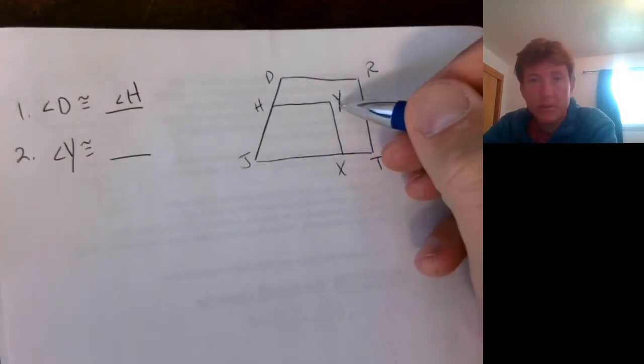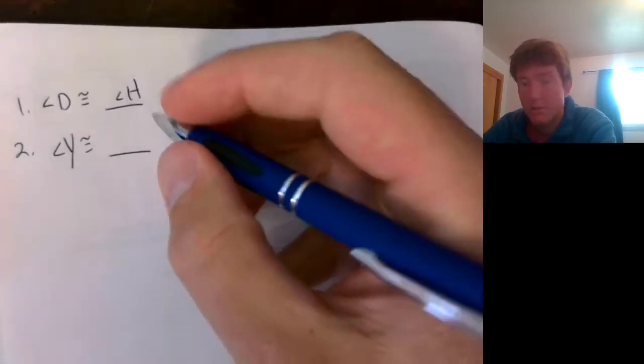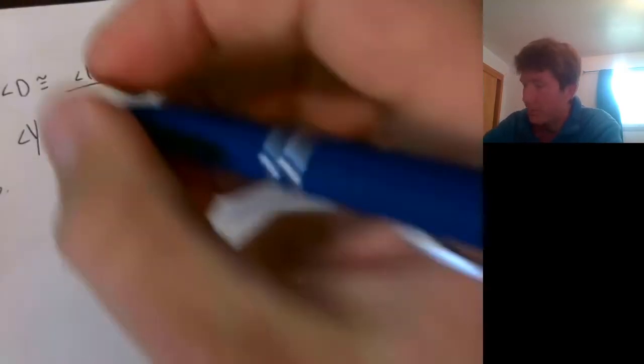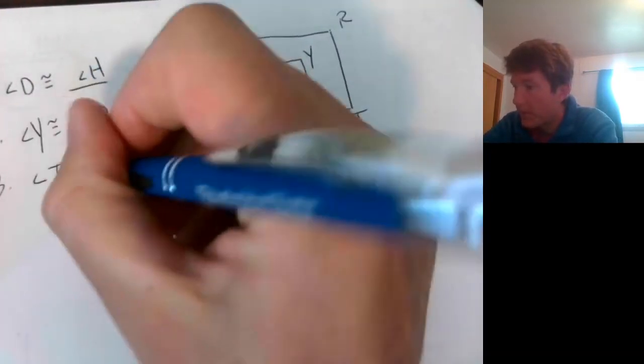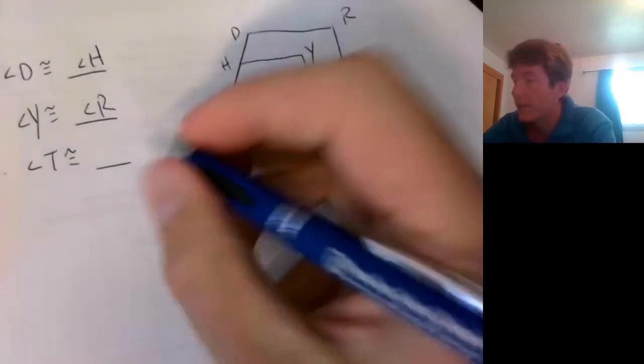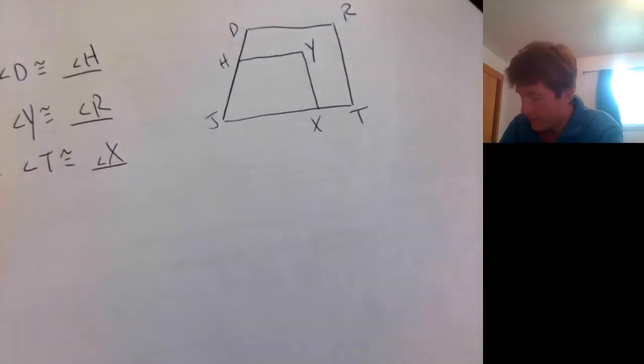Angle Y is the upper right vertex for the smaller polygon, so the upper right vertex of the larger one would be angle R. Number 3, angle T, congruent to what? Angle T is the bottom right vertex, so angle X would be the appropriate vertex there.